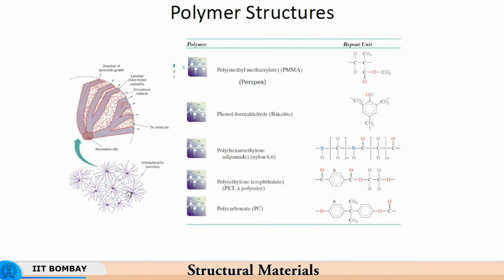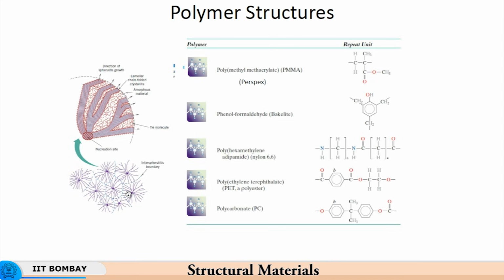So, initially you may have granules of this structure, and then when you actually do the manufacturing, there is cross-linking taking place with water getting eliminated, and then you get the cross-linked polymer of very high strength. So, phenol formaldehyde, which is called as bakelite, gives you a thermosetting polymer of very high strength, and it has got this kind of structure.